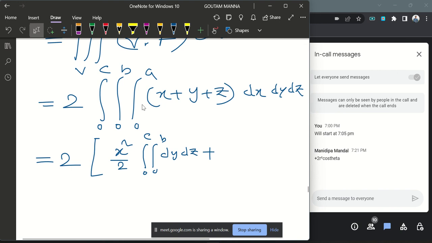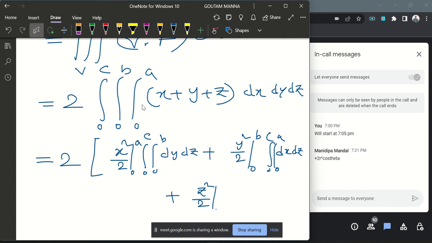Plus, for the y integration in the second term, it will be y square by 2 from 0 to b, with x from 0 to a and z from 0 to c in dx and dz. Plus for the third term, it will be z square by 2 from 0 to c, with integration with respect to dx and dy, where x goes from 0 to a and y goes from 0 to b.